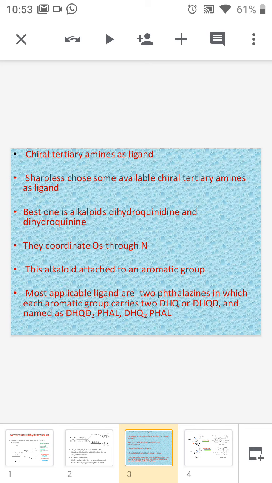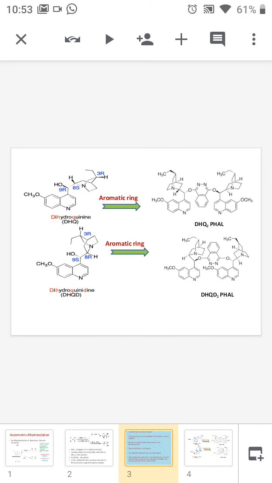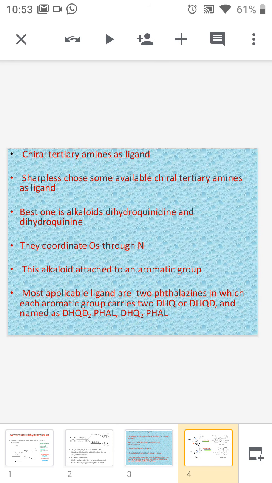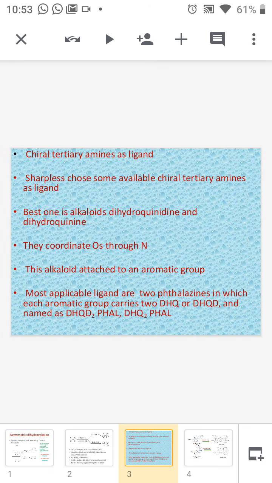But these two structures have a coordinating site, and that coordinating site is the nitrogen. See here, this is the coordinating site, and this nitrogen is used to coordinate with the osmium tetroxide. Then the alkaloid is attached to an aromatic group in order to ensure the chirality.